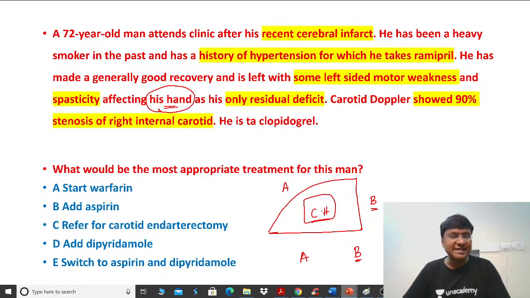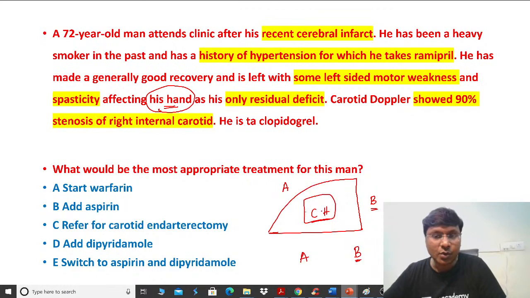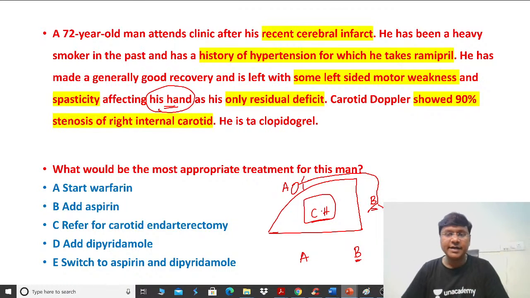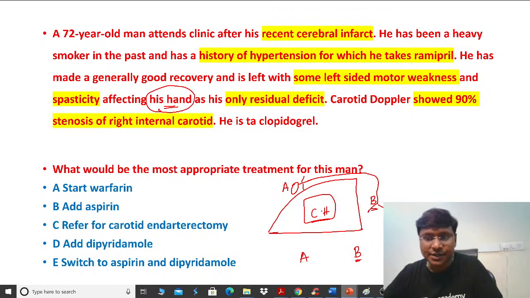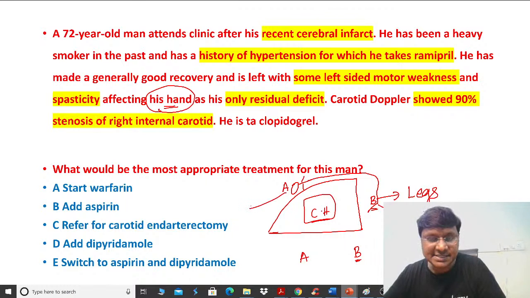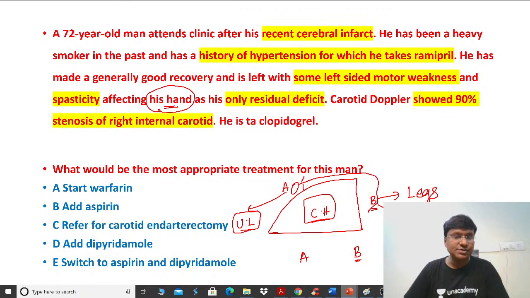How will be your topographic presentation of the human cerebral hemisphere? Right? This will be the topographic presentation. Your B is for legs. A is your upper limbs.